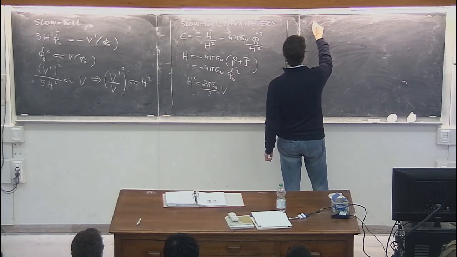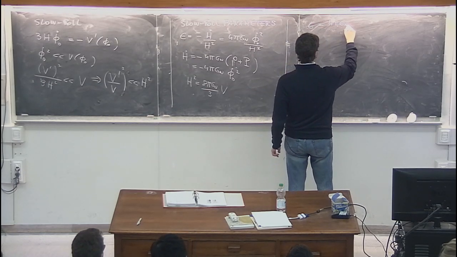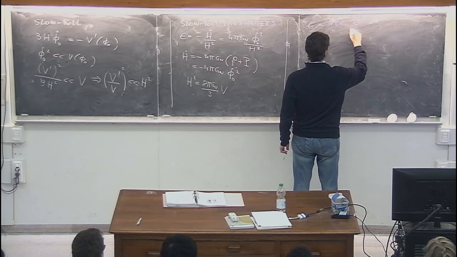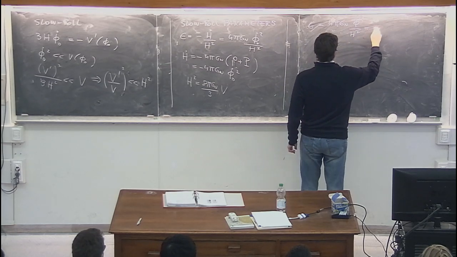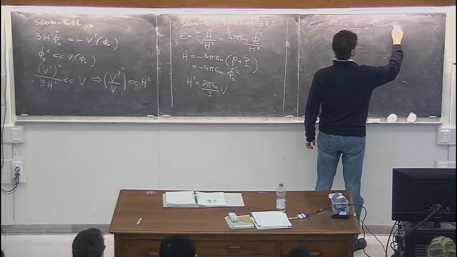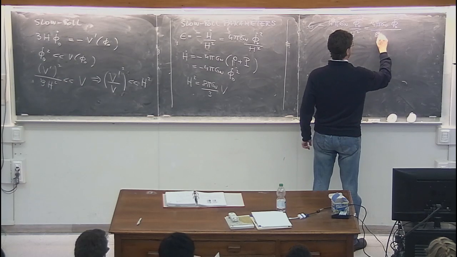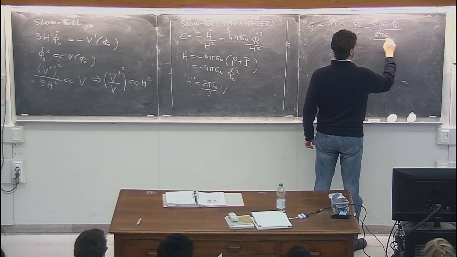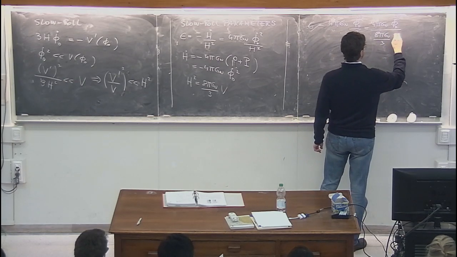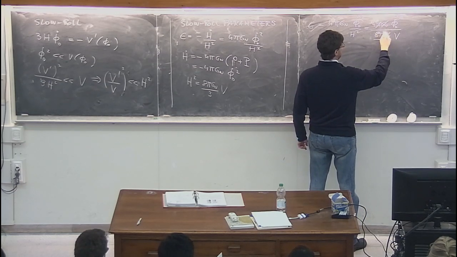And epsilon becomes equal to, let me rewrite the relation, phi dot square divided by H square. So this is 4 pi G Newton, phi dot square, divided by 8 pi G Newton divided by 3 times V. So you see that G Newton goes away, the pi goes away.